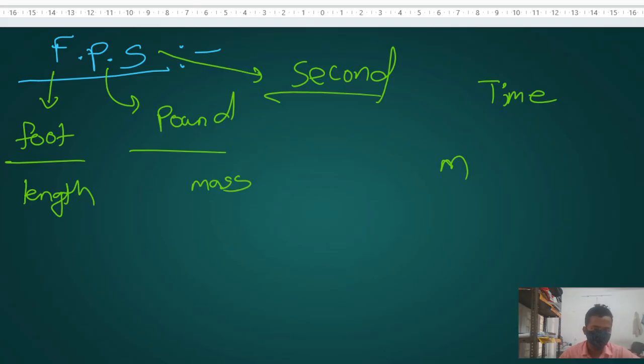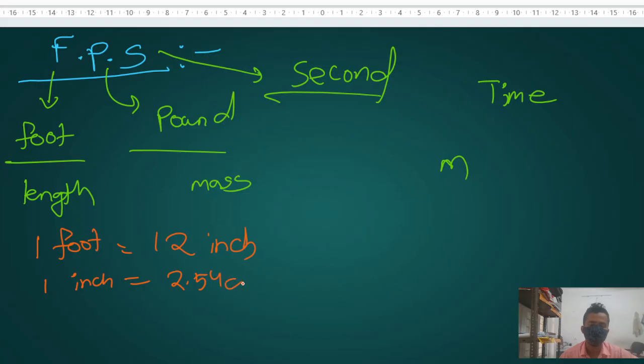Okay, let's go. 1 foot is equal to 12 inch, and 1 inch is equal to 2.54 centimeter. And this pound is a unit of mass.